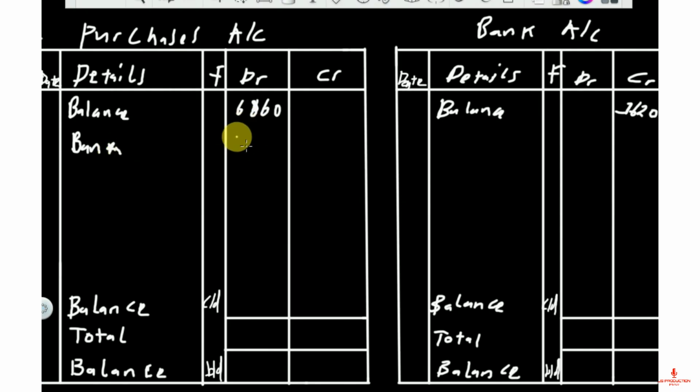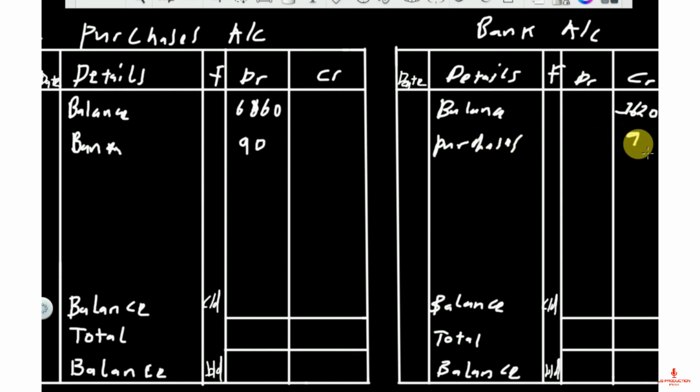So 90 kwacha there. And in the bank account there, we're going to record on the credit side, since the sole trader was paying out for the goods. So we're going to say purchases of 90 kwacha.